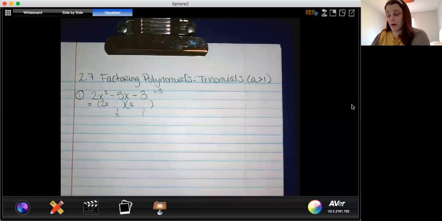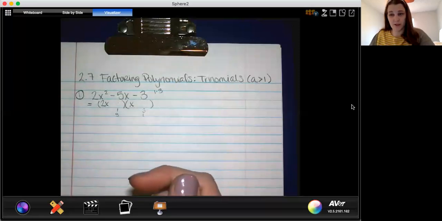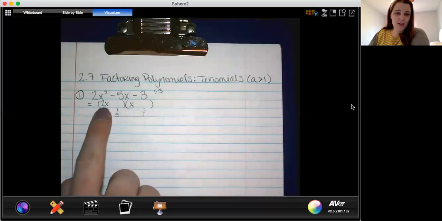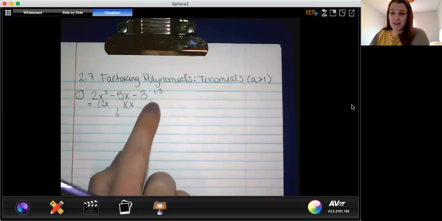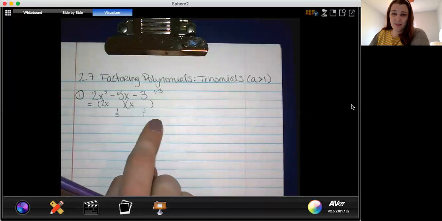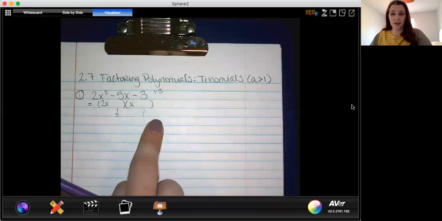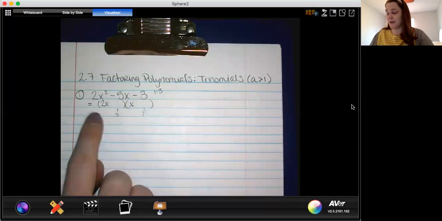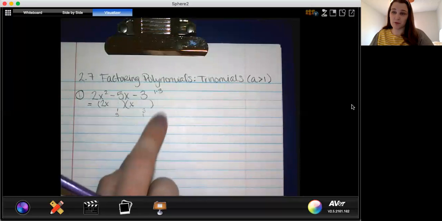Yes, and the reason why is because when you are doing your FOIL system or your distributing process, you're going to be multiplying by 2x. So that 2 is going to multiply to anything in that last term. Because normally we just multiply by x, we didn't really worry about it. Now we have to worry about that 2 being involved with multiplying to our factor.